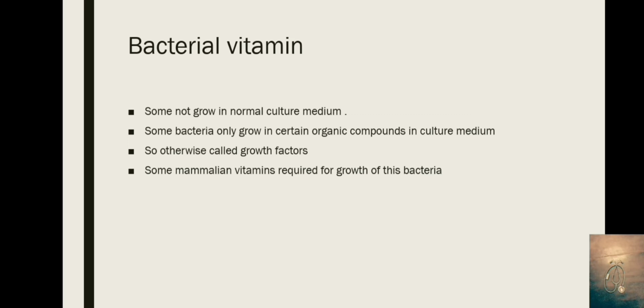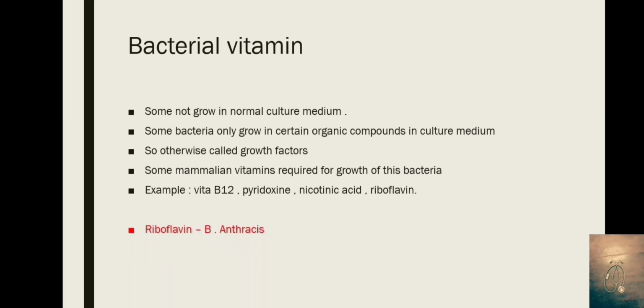They are even common with mammalian vitamins. For example, some bacteria grow with vitamin B12, pyridoxine, nicotinic acid and riboflavin. Example, riboflavin is a bacterial vitamin for Bacillus anthracis and pyridoxine is a bacterial vitamin for Lactobacillus species.